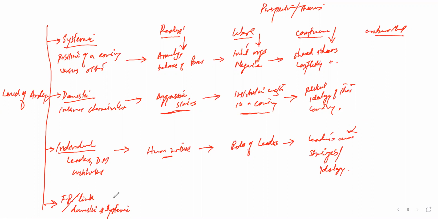And then the last one, foreign policy level. Realist perspective would give you the conclusion, as we have discussed earlier, that war is used to survive in office. Either it's a leader or it's a political party, they use war to survive in office.